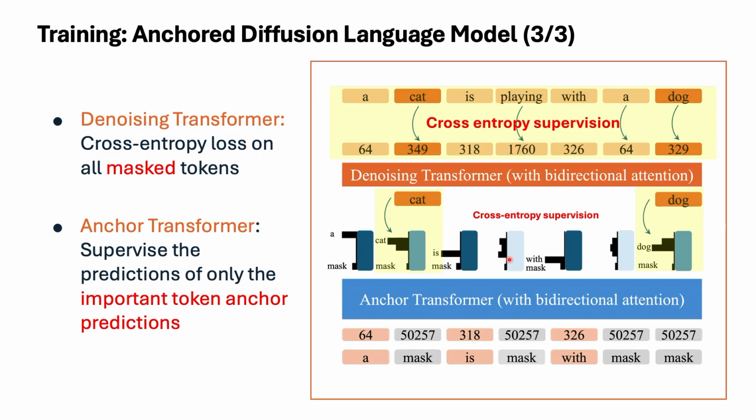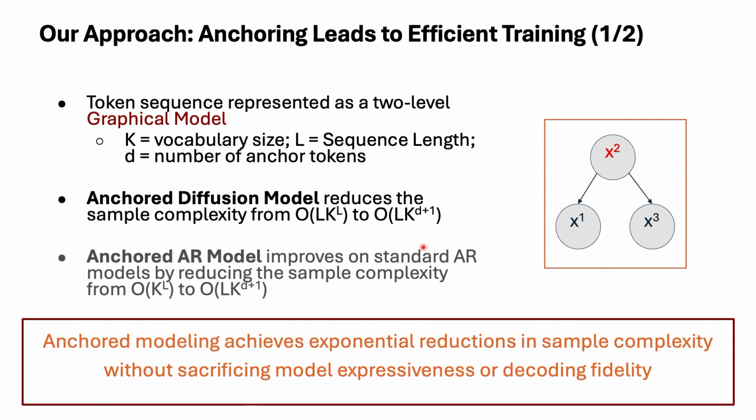So the new anchoring loss is a sum of two terms: one is the regular denoising cross-entropy, plus, only for the important tokens because of the anchor pre-processing, a supervision there. That's all there is to it. There are some very nice theoretical properties of this: it can be interpreted as a variant of an ELBO and so on. I'm not going to talk about the theory side of it.